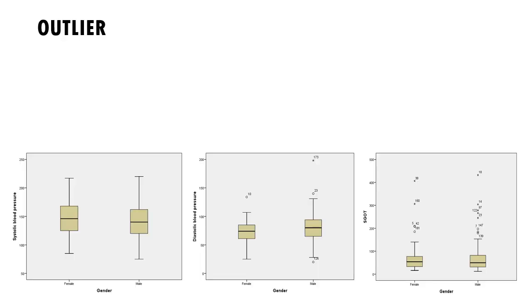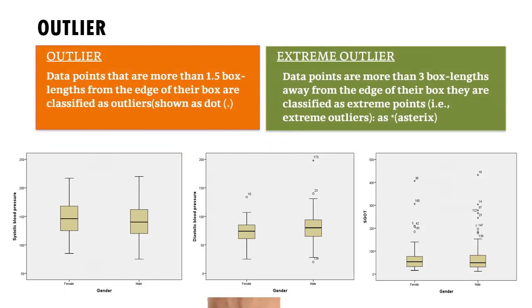Now let's understand the concept of outlier. We define an outlier as any data point that is more than 1.5 box lengths from the edge of its box, and it is classified as a dot.